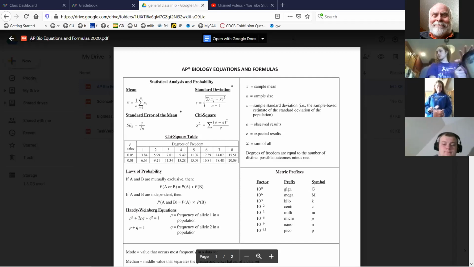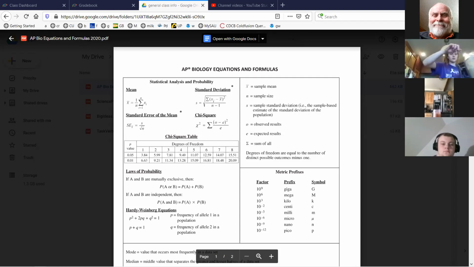What we need to talk about some is standard deviation and standard error. Now, you will notice this little asterisk for standard deviation and then again for standard error of the mean. And if we look at underneath these boxes here, it says, for the purpose of the AP exam, students will not be required to perform calculations using these equations.